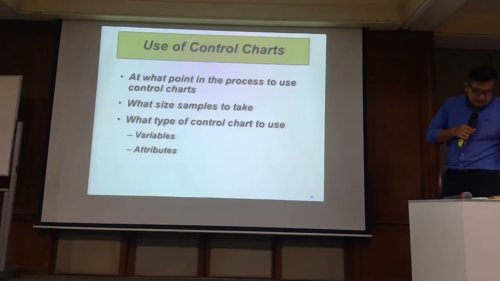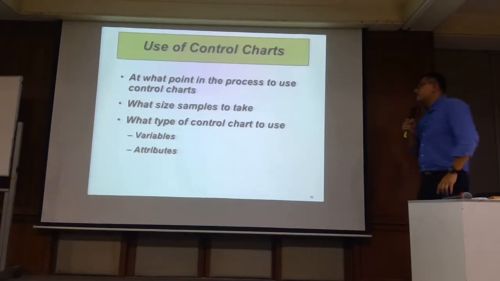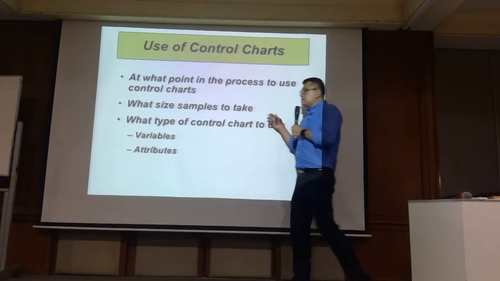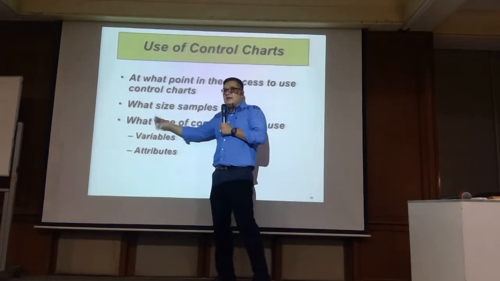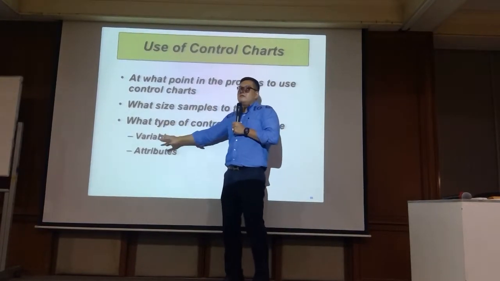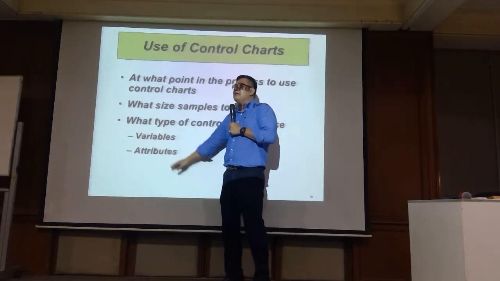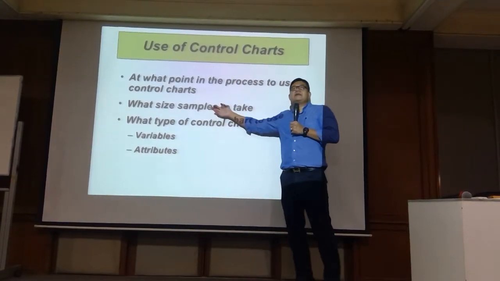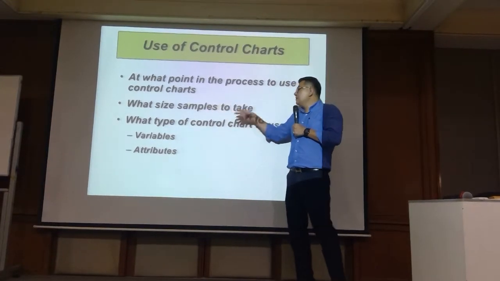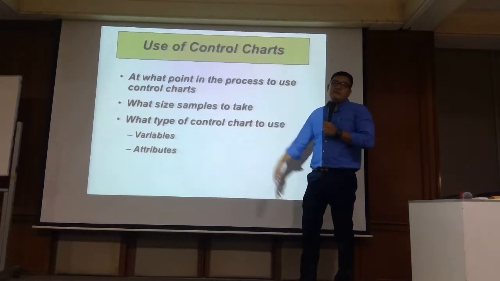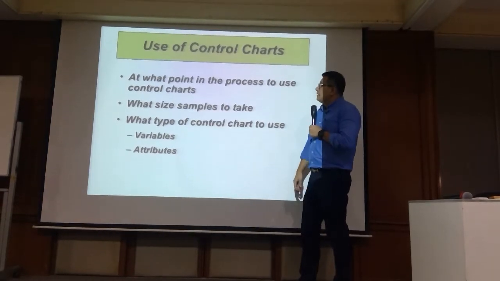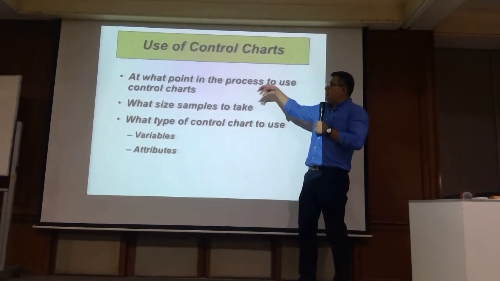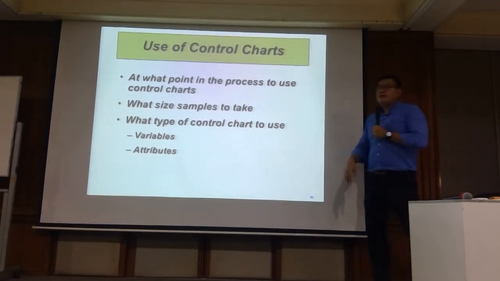So, in conclusion, for the control chart, you need to make sure that you're using the right type of control chart for the type of data, variable or attribute. The sample size is quite important, so make sure that you're using the one that is appropriate for your process. And consider which point in the process you're going to use the control chart at.